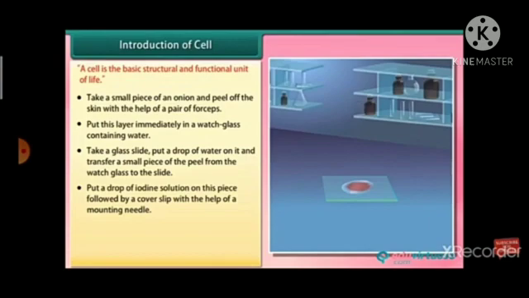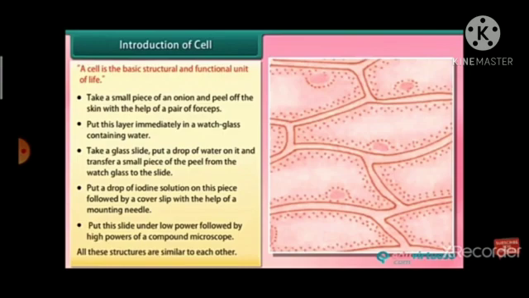Observe under the 10x objective of the compound microscope. Don't forget to put a cover slip over the onion skin on the slide before placing it under the microscope. Like that only, the cells from various parts of plants like leaves, bark, root tips, etc. we can observe in a microscope.